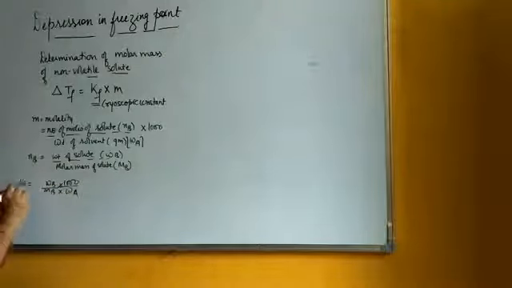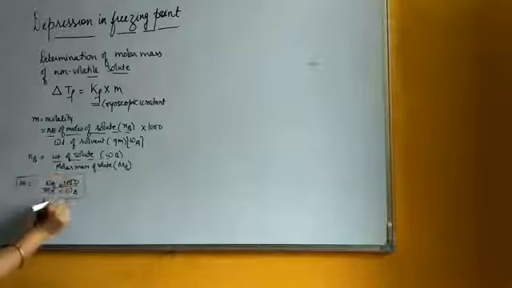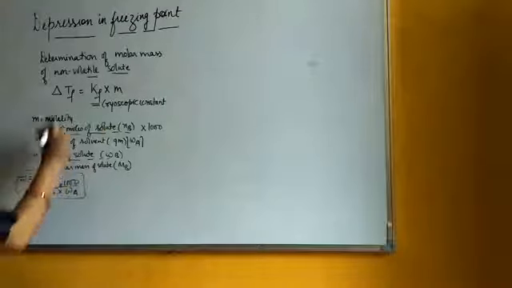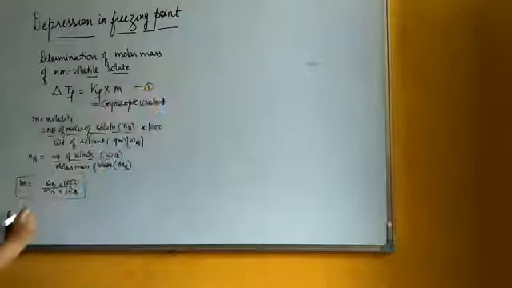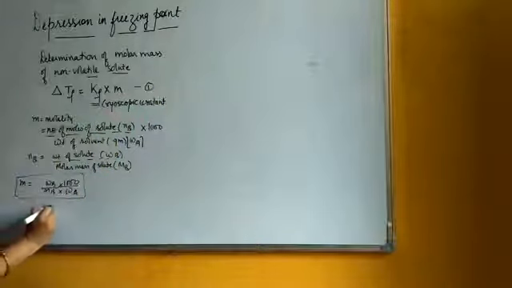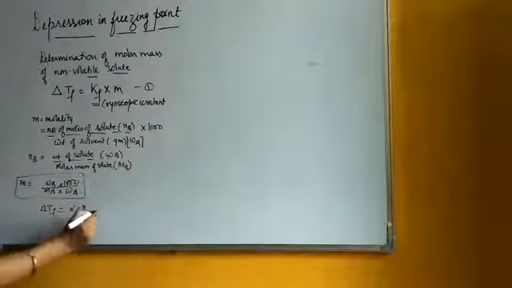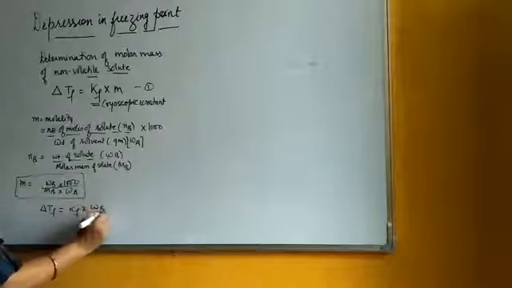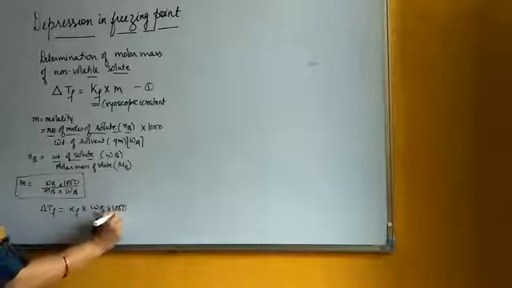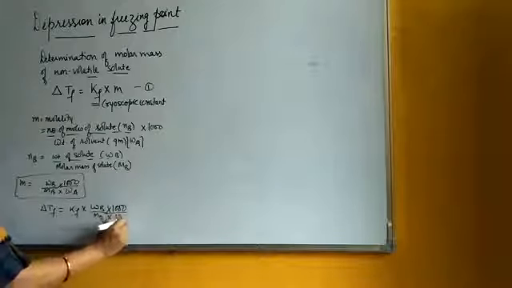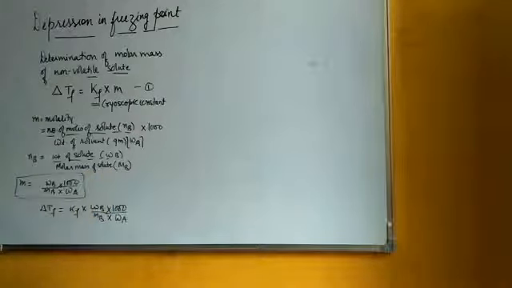So this is molarity. We will substitute the value of molarity in equation 1. So it will become delta Tf equals Kf into WB upon Mb into 1000 and upon WA.